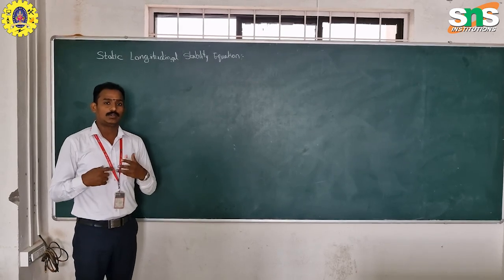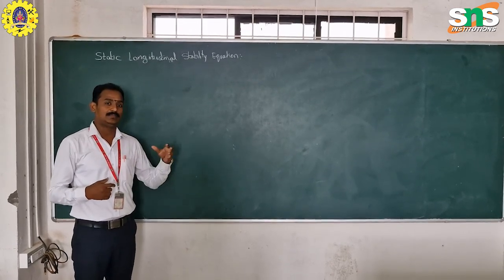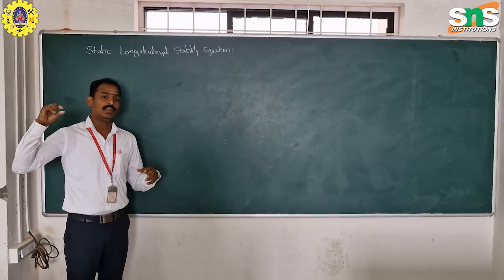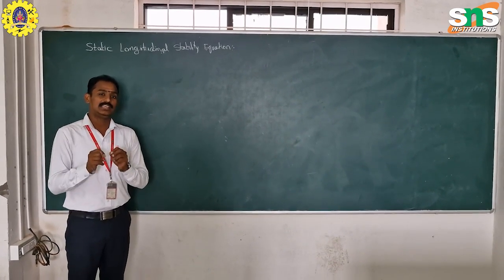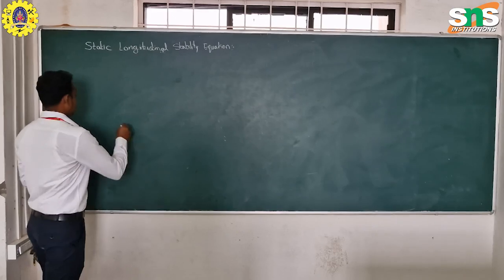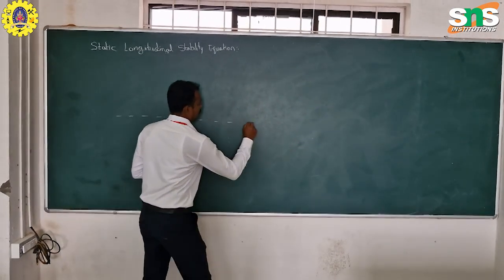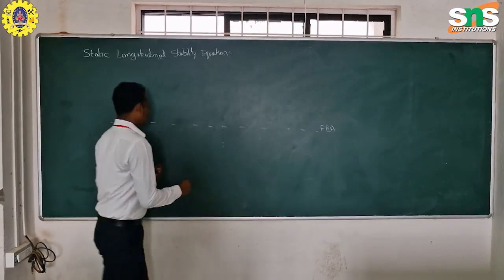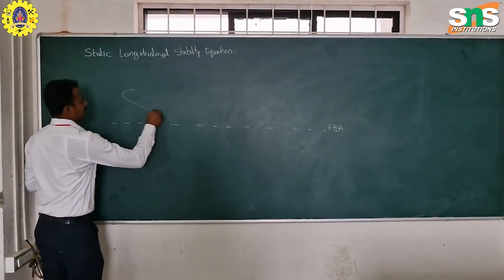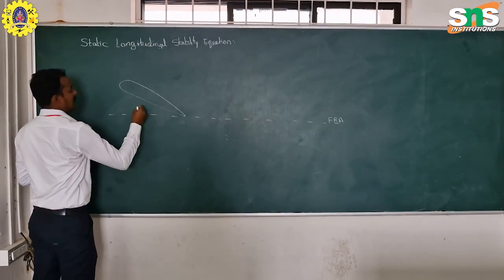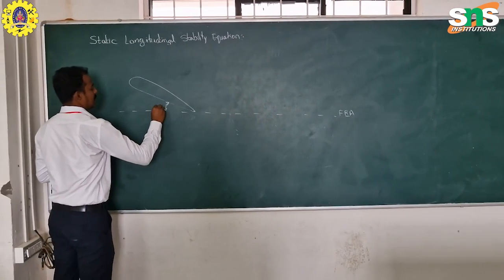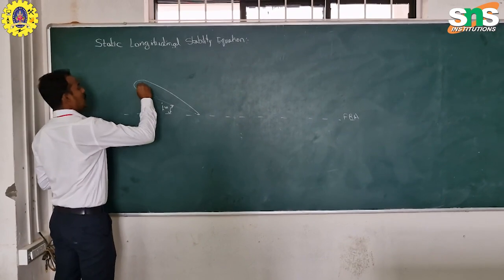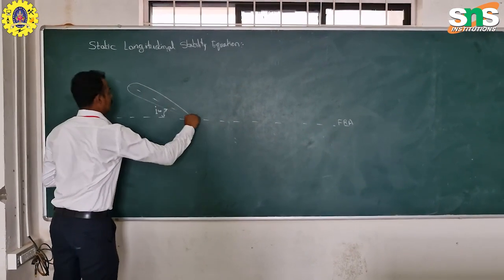Now we are going to design an airplane, deriving the placement of the main wing and the tail wing with respect to the CG. Let us take a reference plane, that is the fuselage reference axis. We place the main wing with its incidence angle i_w, and this is the chord line.